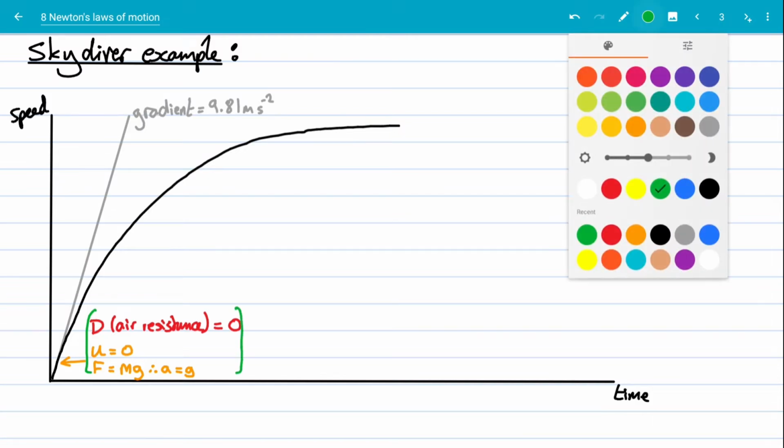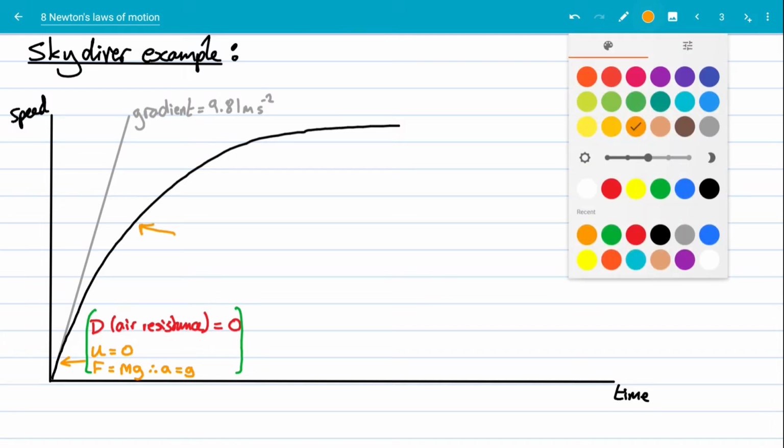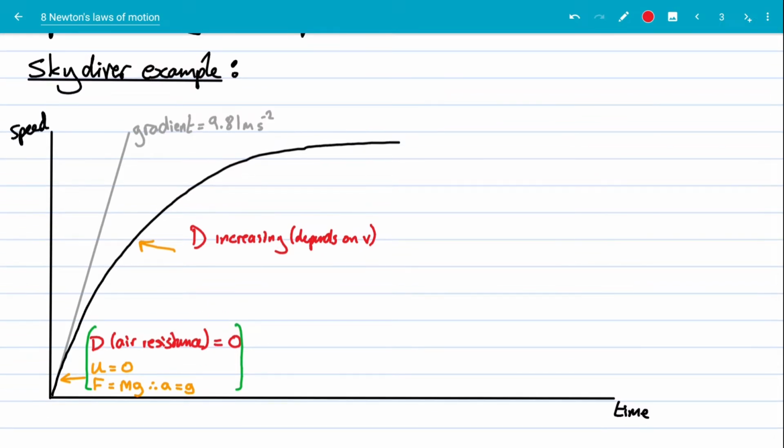Then what happens? Well, then we get this stage here. Now, in this stage, D is increasing. And why is that? Because D depends on v. It depends on the speed that we're moving through the air. The faster the skydiver moves through the air, the more air they move out of the way per second.